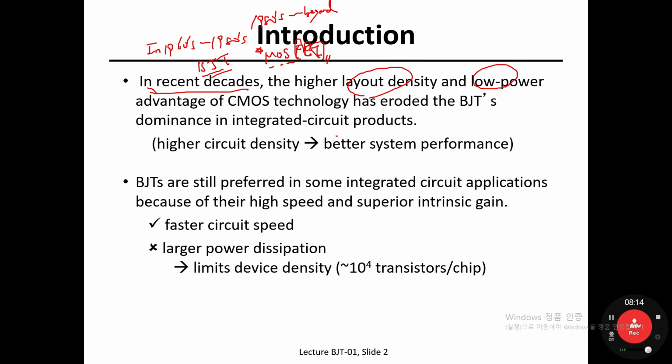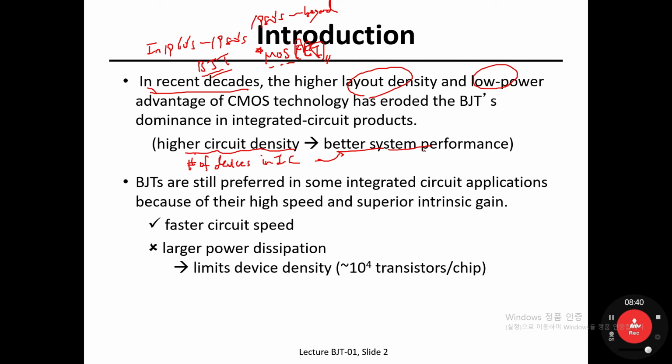Okay, so higher current density or higher circuit density, or I mean the number of devices in an IC chip for a given area. Definitely for the same chip area, if you place more devices in an IC chip, then you may expect a better system performance.